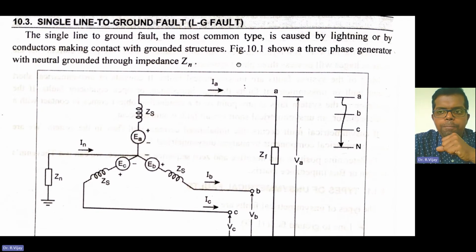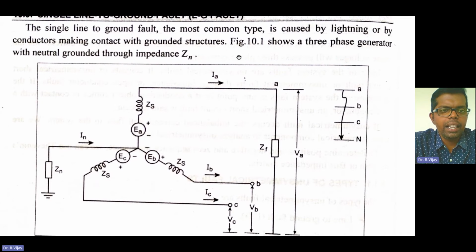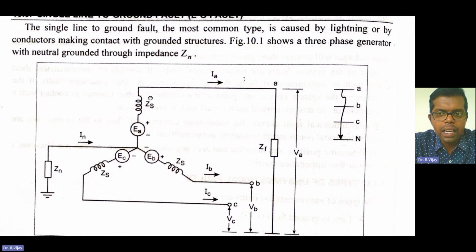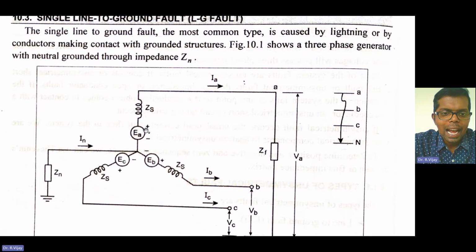As shown in the figure, this is the three-phase generator with the neutral grounded through the impedance ZN. Here you see phase A, phase B, and phase C. The neutral is grounded with the impedance Zn, and phase A has the sequence impedance Zs, and the EMF generated in that generator is EA, having positive and negative terminals.